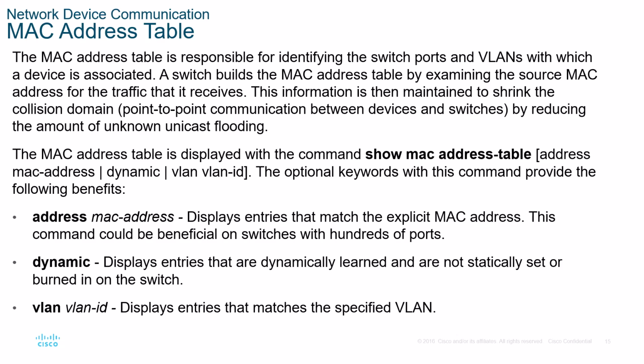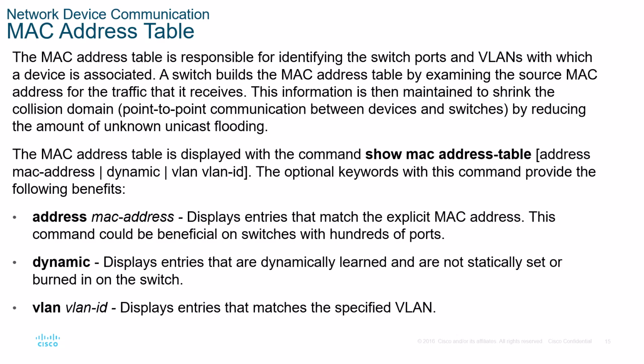The MAC address table is responsible for identifying the switch ports with the appropriate VLANs that a device is associated with. The switch will build that table based off of the source MAC address and the traffic that it receives. So when a switch is first powered on, it doesn't know anything. It has to learn based off of source addresses.